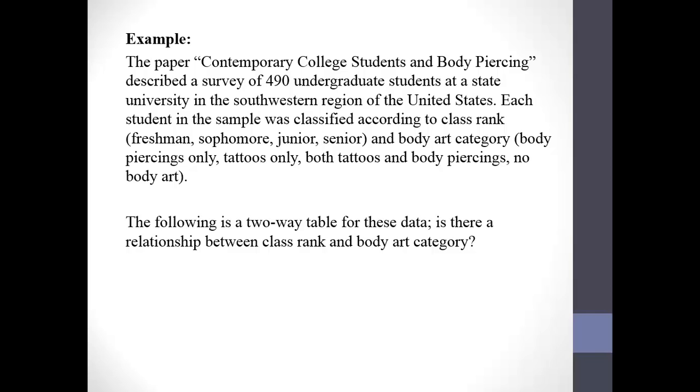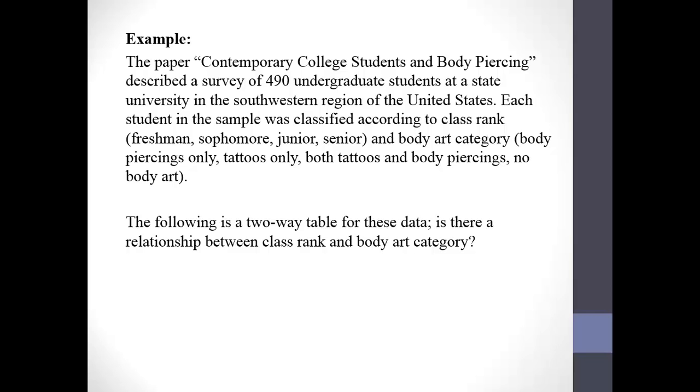So here in this example, we're looking at college students and body piercings. We looked at a survey of 490 undergraduate students at a state university. Each student in the sample was classified according to their class rank, so freshman, sophomore, junior, senior, and some type of category corresponding to their body art.